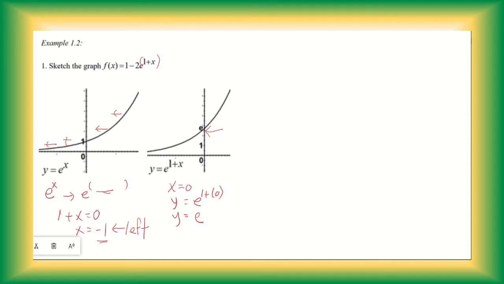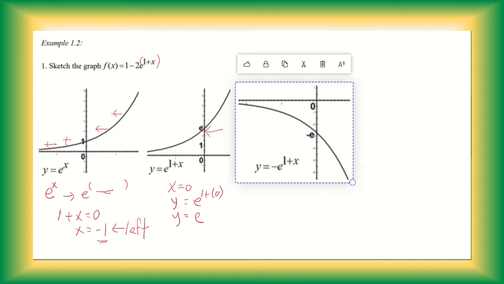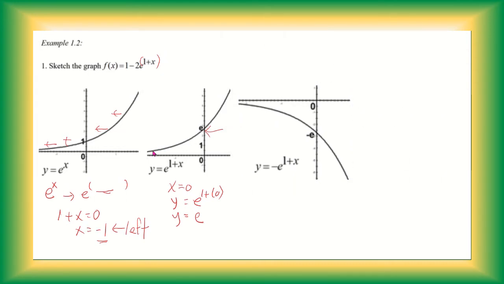After the reflection, the graph looks like this. Before the reflection, the curve is above the x-axis, going up. After reflection, the curve is below the x-axis, and before reflection the y-intercept is e. After reflection, the y-intercept becomes negative e.